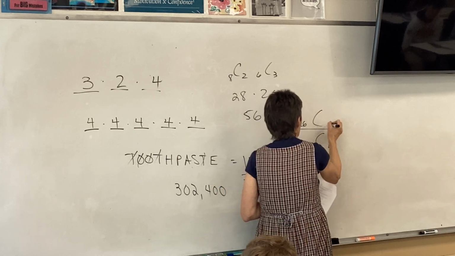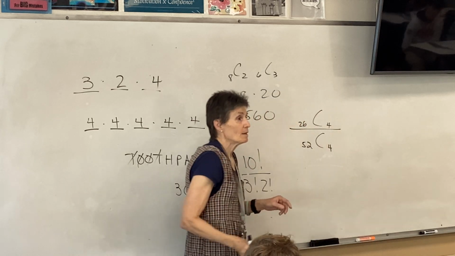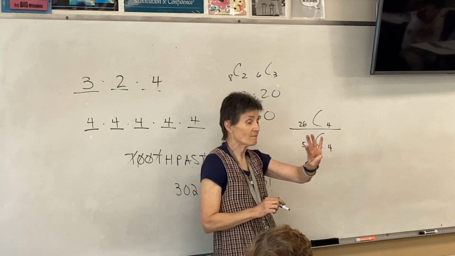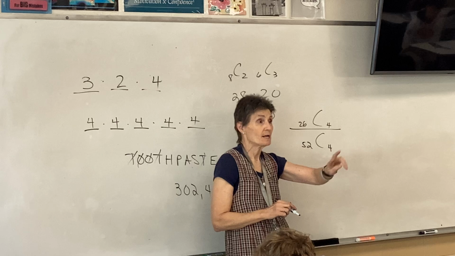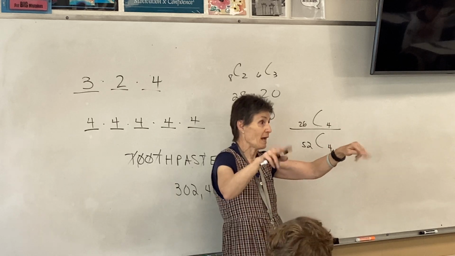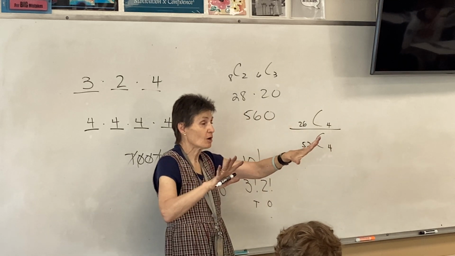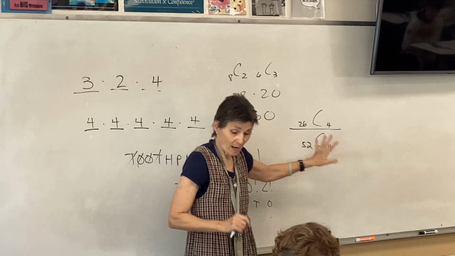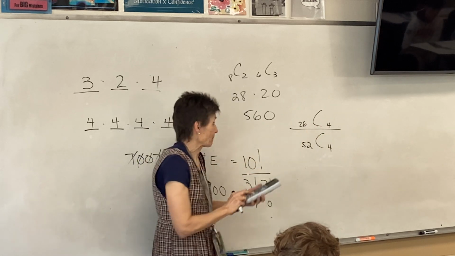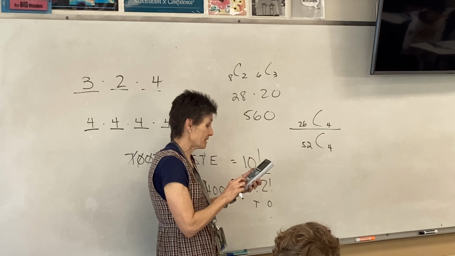26. Remember, the deck has 4 different kinds of cards in it. They're called suits. 2 of them are red and 2 of them are black. So half of the cards are red. Do not simplify that. Just type it in.